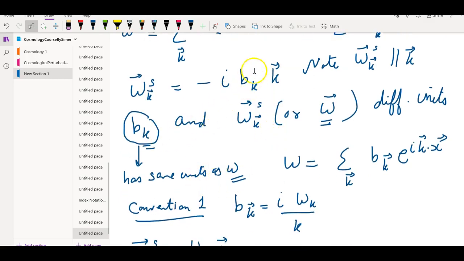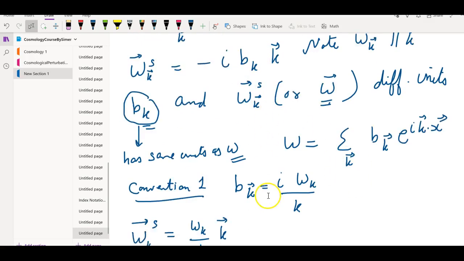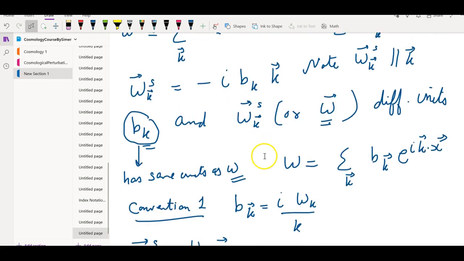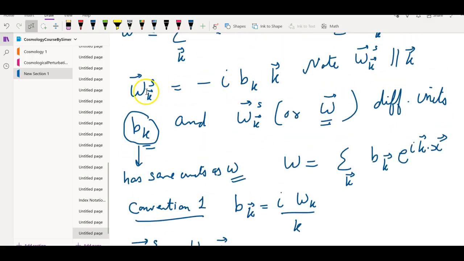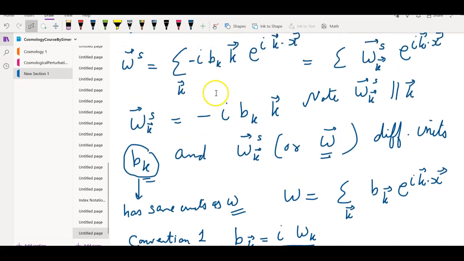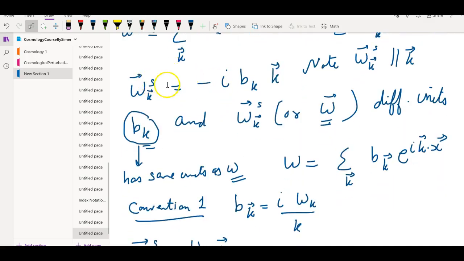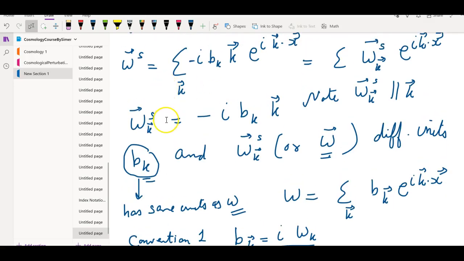And now I want to express this in terms of WK, not in terms of BK. Also I want to make the units of WK the same as the units of the original w, or you can say this WKS vector.